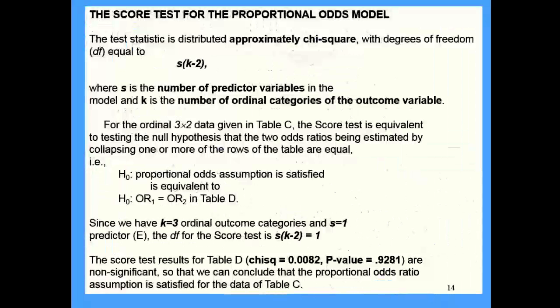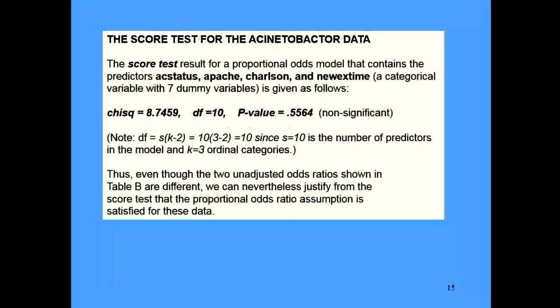So I'll go back to this. S is 10, K is still 3, okay? So the chi-square test, the degrees of freedom for the test, if I want to consider all the variables I'm controlling for, all the variables in the model, is going to be a chi-square with 10 degrees of freedom. So when I look at the output for the proportional odds model for the real data, the proportional odds score test is going to have 10 degrees of freedom.